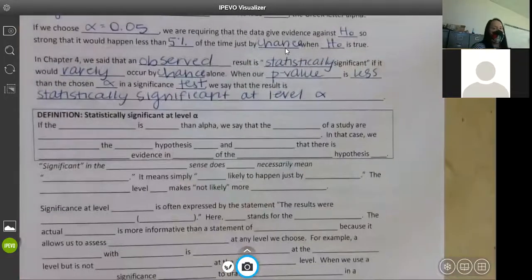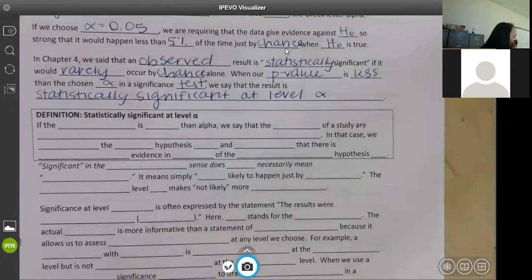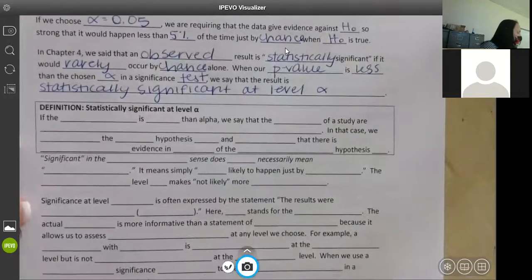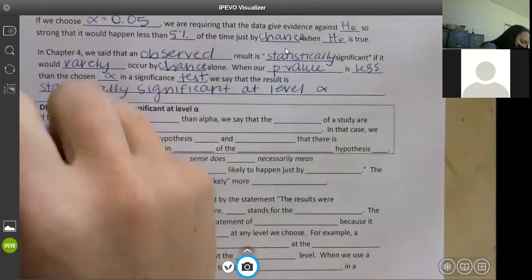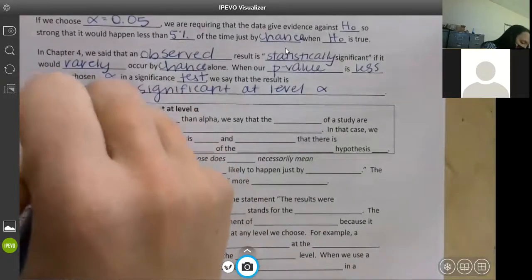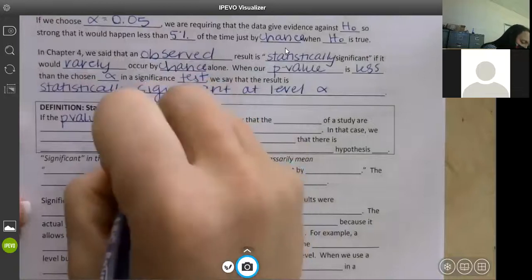And that's right below it in that box. Okay, so the definition of that, if the p-value is smaller than alpha, and we're going to summarize this again.